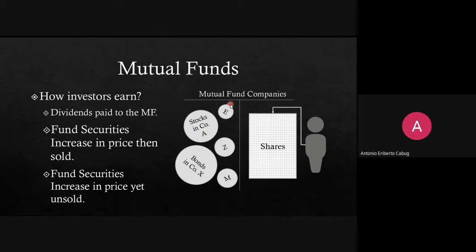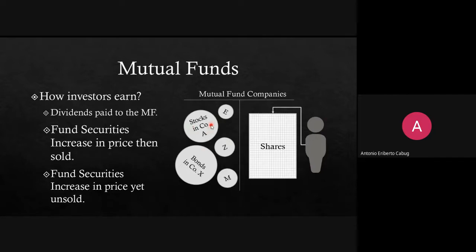So again, you purchase company E's stock at 5 pesos. Example lang ha. You purchase the stock of company E at 5 pesos. From 5 pesos, it became 8 pesos. Okay? Kumita ka ba? Yes, the mutual fund company earned. So the mutual fund company earned 3 pesos.